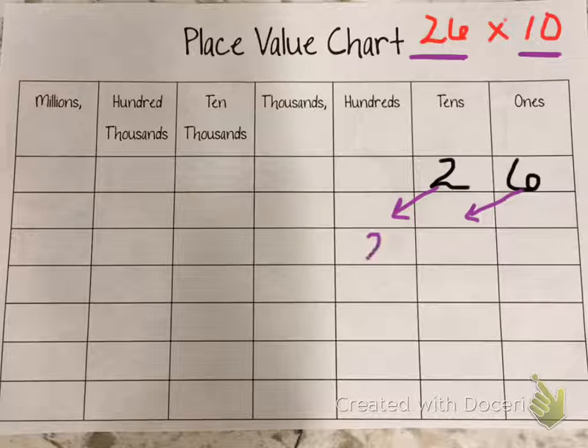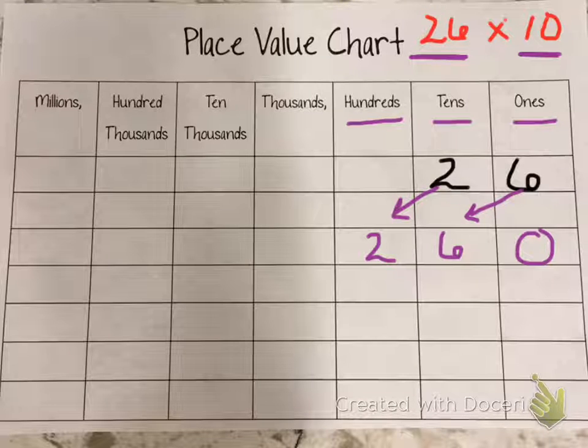So this becomes 2, this becomes 6, and we always have to go all the way down to the ones place. And if we don't have a digit there, we just put 0. Okay? So 26 times 10 is 260. See, I have 2 hundreds, 6 tens, and 0 ones. 260. So that's conceptually what happens.